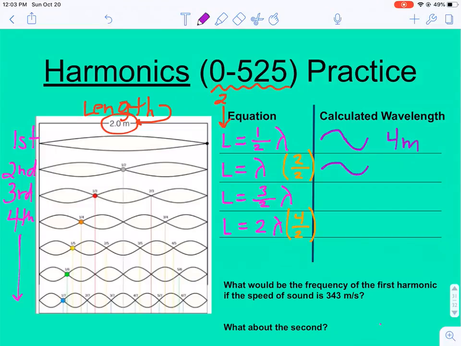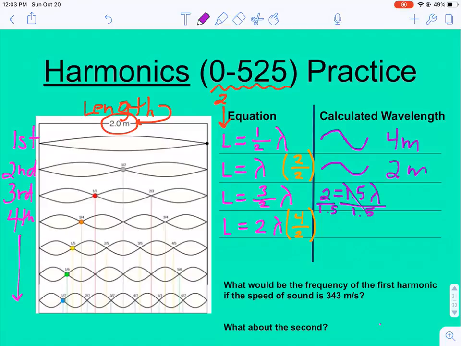The next one, that 2 is a wavelength. The next one is a little bit trickier, so let's practice the algebra on this one. We can say L is 2, 3 divided by 2 wavelength. Now, I'm going to change this 3 divided by 2 to be 1.5 and divide.